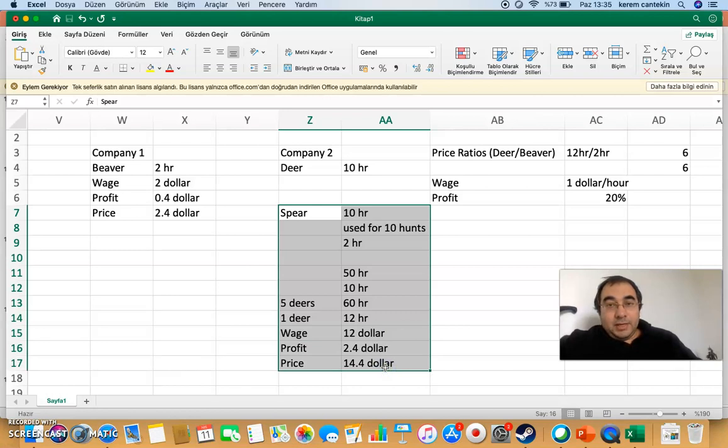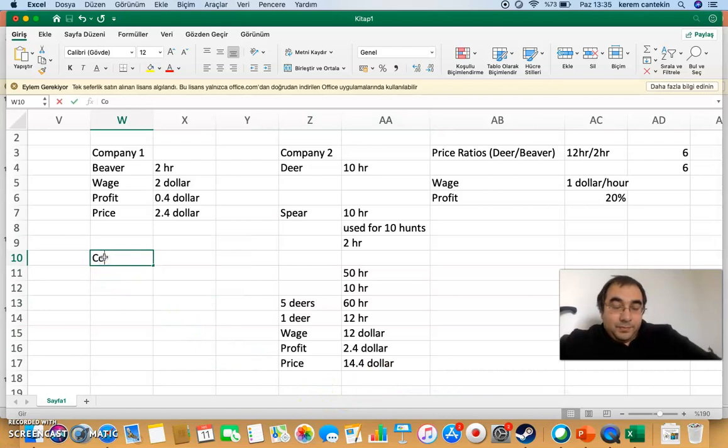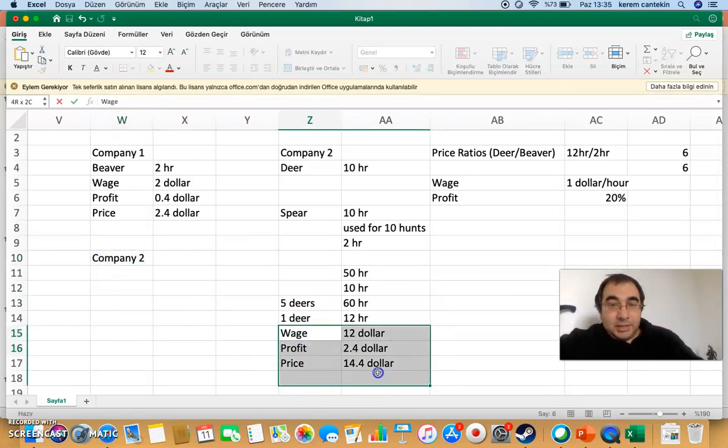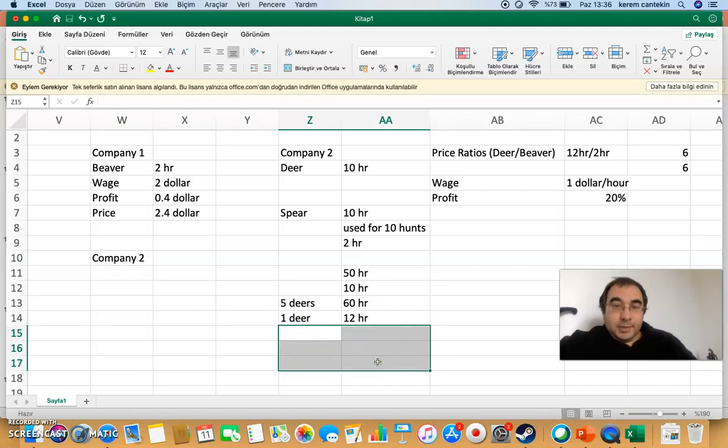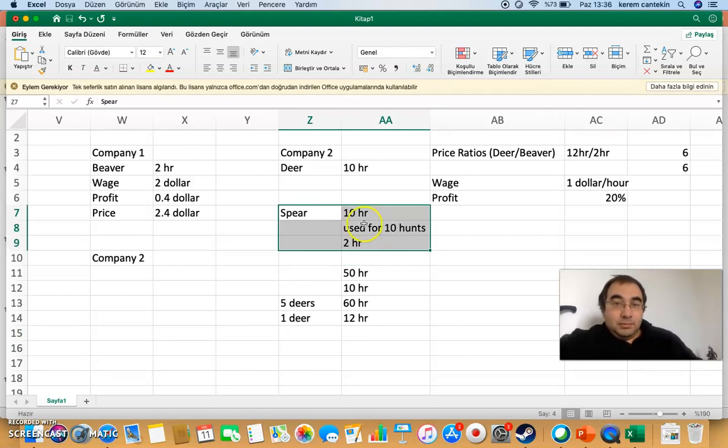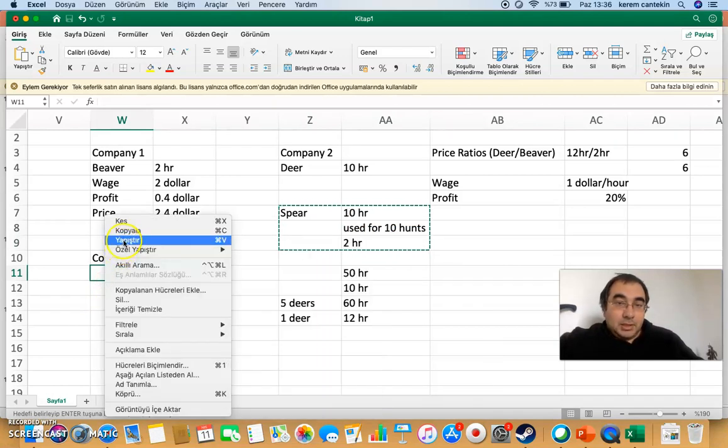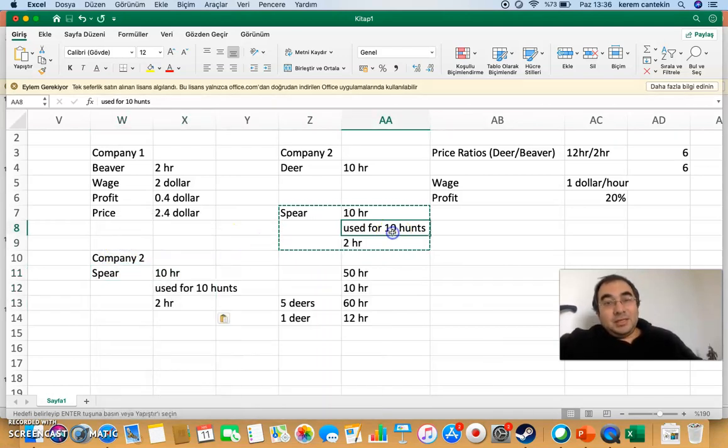Let's now write this case. Everything else will be the same, but the calculations here will change. So the spear is still produced in 10 hours and used for 10 hunts. Not 10 hunts, actually, this should be 5 hunts.